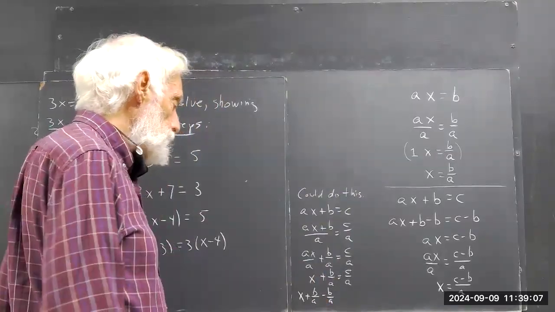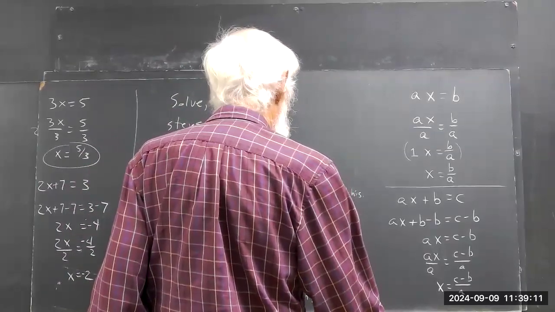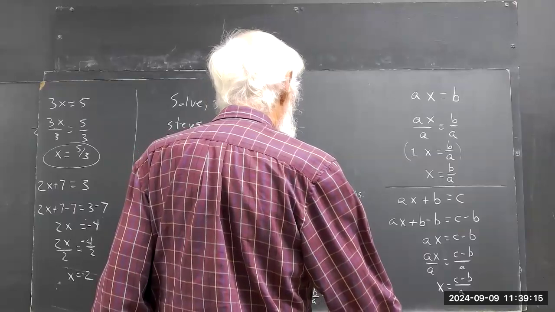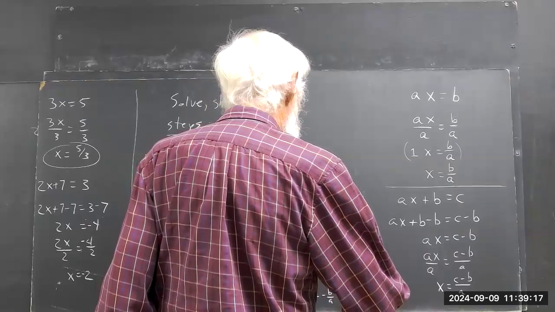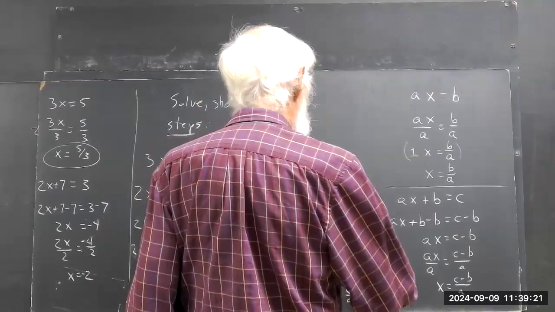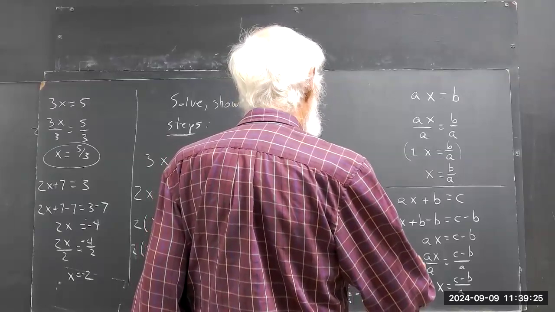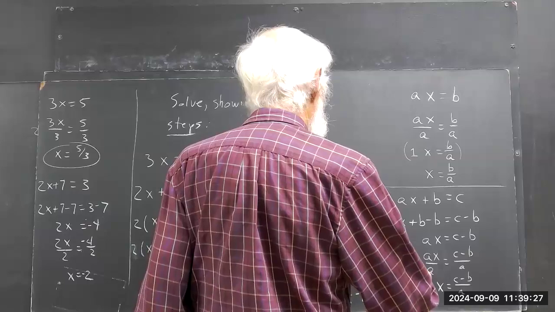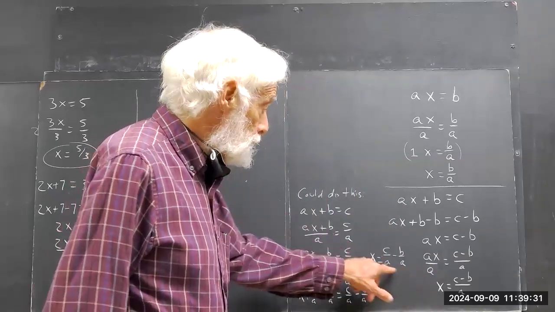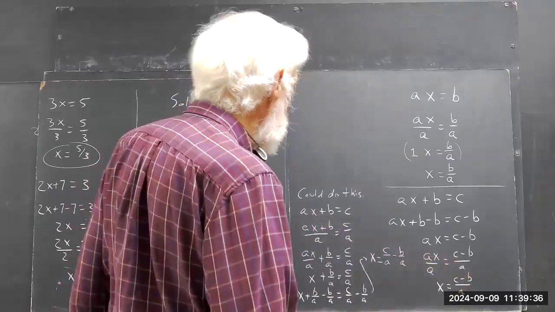So we subtract B over A from this side, and then of course we've got to subtract it from this side. Okay, so we get X equals C over A minus B over A, which is the same thing we have here, except it looks a little different. That would be C over A minus B over A.